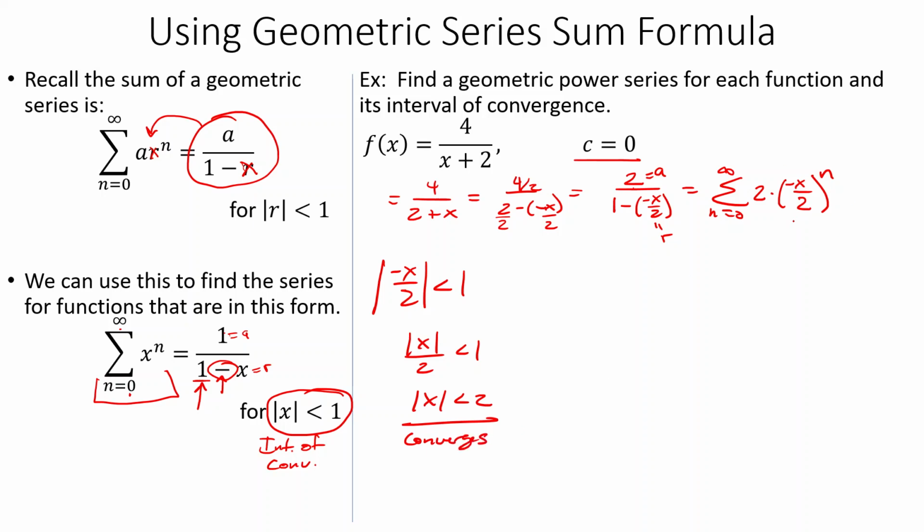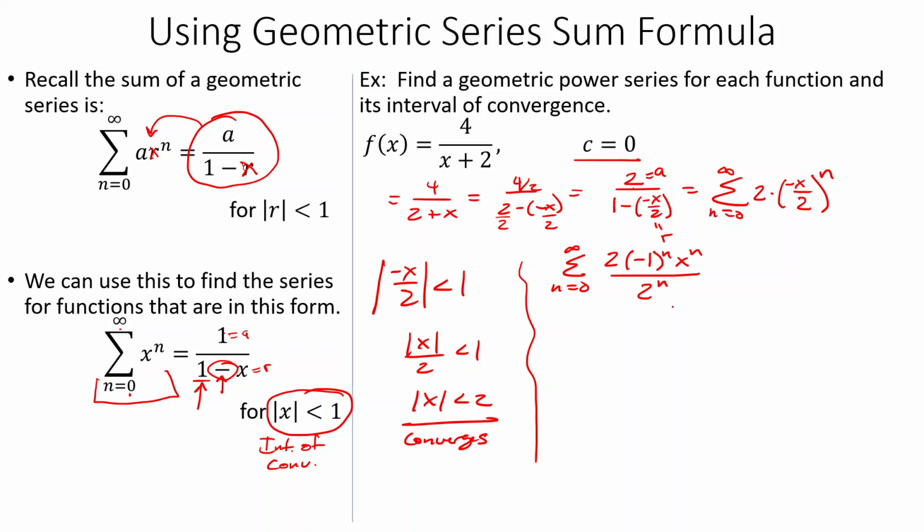All right, now this is kind of sloppy. In fact, I could clean this up a little bit. The way we could do that is I could separate the parts. We got a 2 out front. I've got negative in front of an x. I could say that's negative 1 to the n and x to the n. And on the bottom, we have 2 to the n.